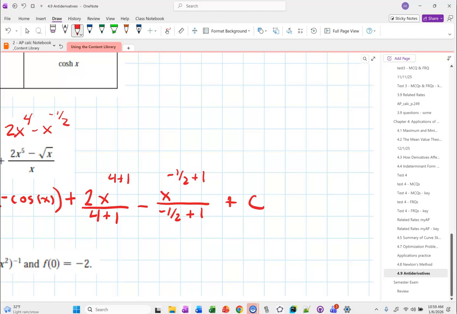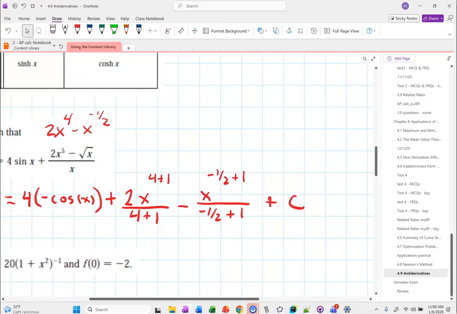We just need 1 plus c for the whole anti-differentiation process, even if we did 2 or 3 or 4 or 5 or 6 different separate antiderivatives. We're just going to use 1 plus c at the end because a constant plus a constant plus a constant is still a constant. We're going to abuse the notation a little bit and still just call it c. Does that feel good? Okay.